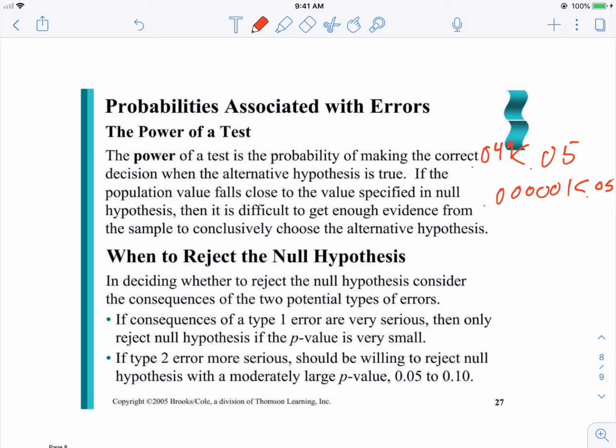Maybe that 0.05 level of significance isn't good enough, and instead you want to change it to 0.01, or sometimes you'll even see 0.001, and your p-value needs to be less than that in order for you to reject the null hypothesis. Those are the types of considerations you make. You don't just want to go with a blind level of significance of 0.05.